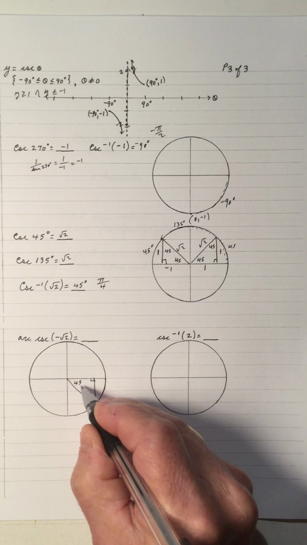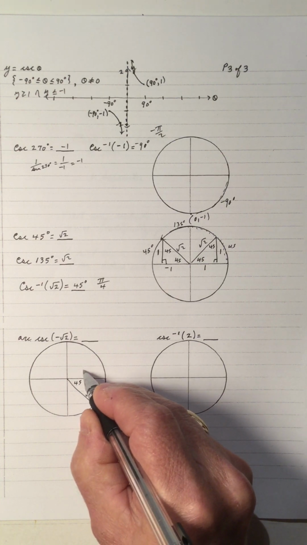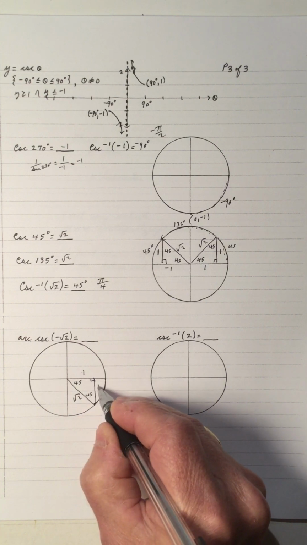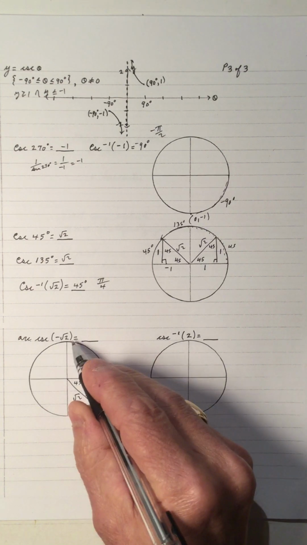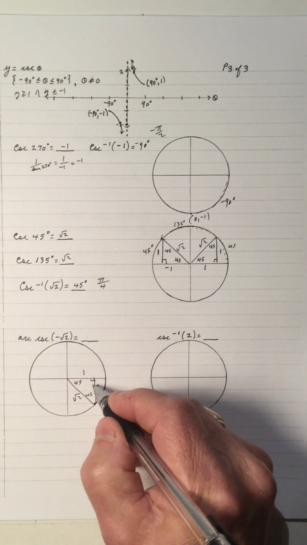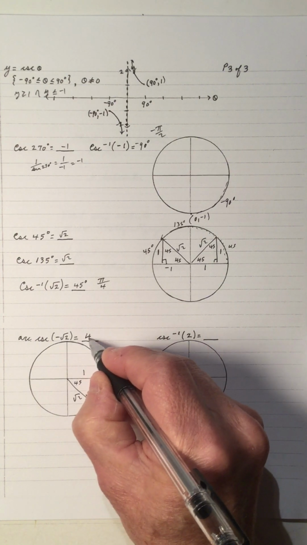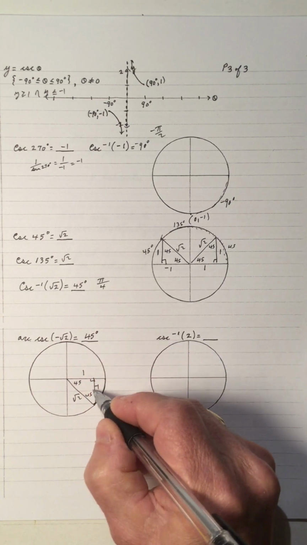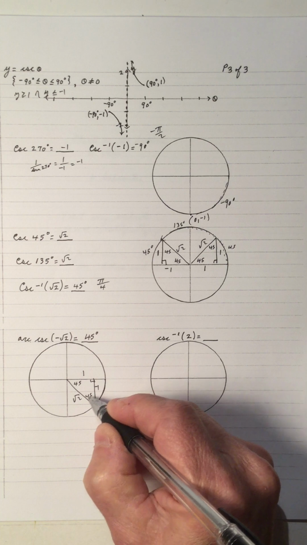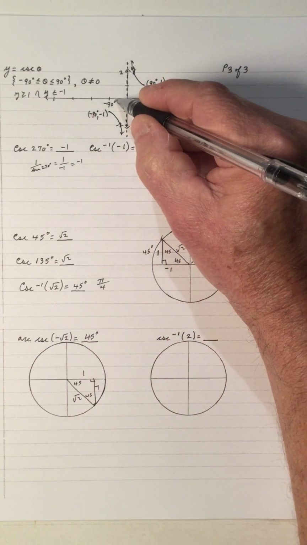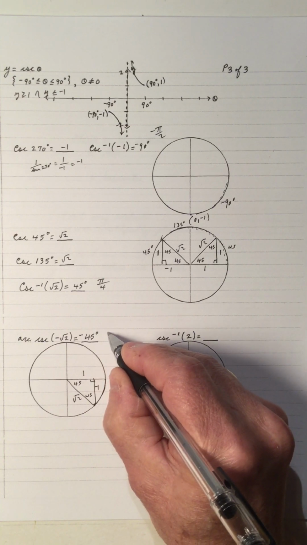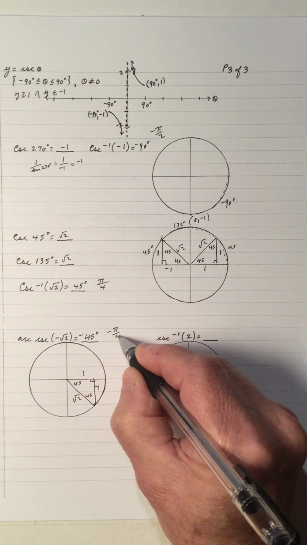So that means it's a 45, because it's 1, 1, root 2. X is positive, y is negative. And so a negative root 2 means that the angle is 45, but it has to be negative. So negative 45, and that's negative pi over 4.